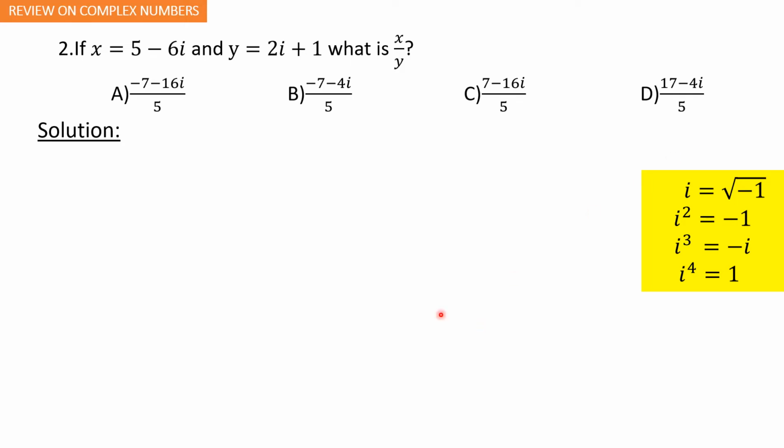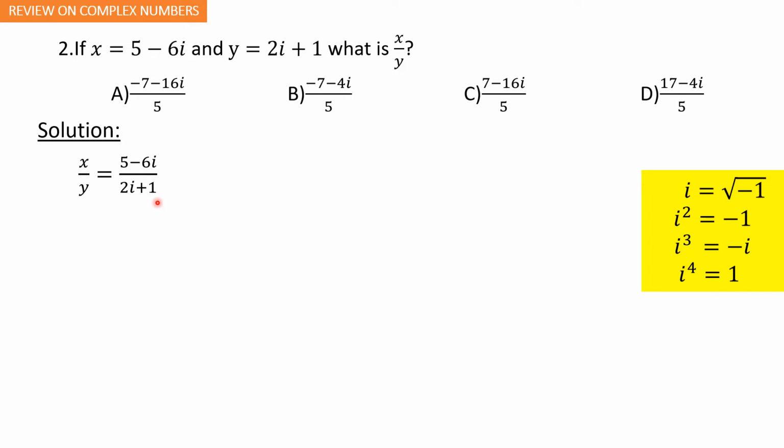So, let's start. We have here x over y is equal to x is 5 minus 6i over 2i plus 1. Okay, so dito, meron tayong denominator na 2i plus 1.